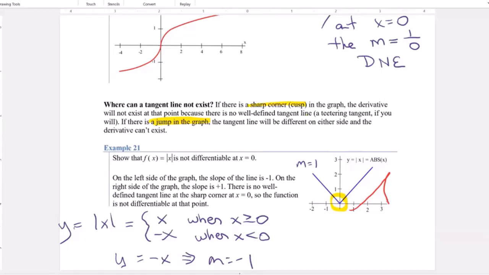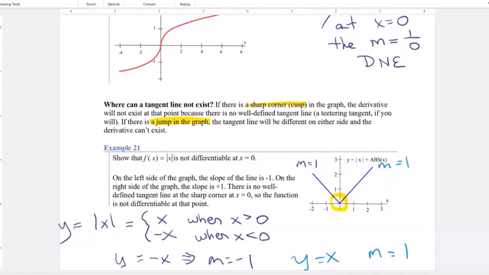And when it's greater than or equal to 0, well, actually for the graph, we're going to say we don't know what it is at 0. When it's greater than 0, we know: for y equals x, m equals positive 1.